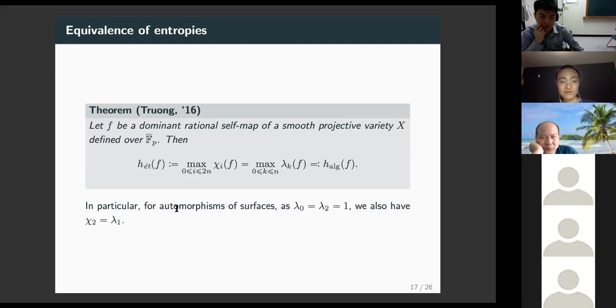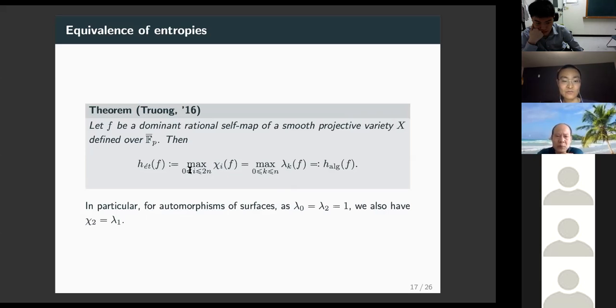Okay, so in particular for automorphisms of surfaces, which have been considered by Esnault and Srinivas, lambda 1 of F is equal to lambda 2 of F, because F is an automorphism, so both of them are 1. And then the maximum of the lambda k is lambda 1.